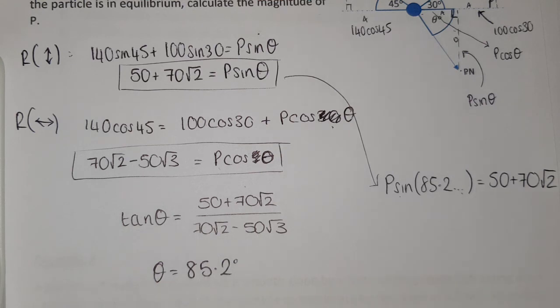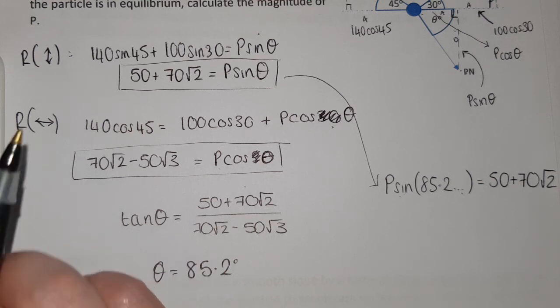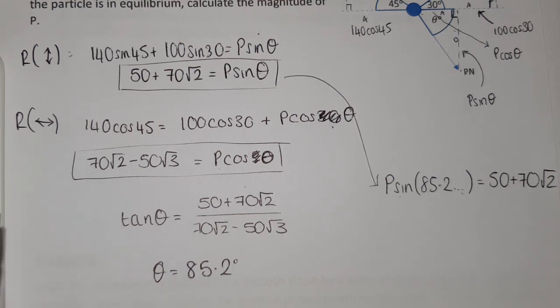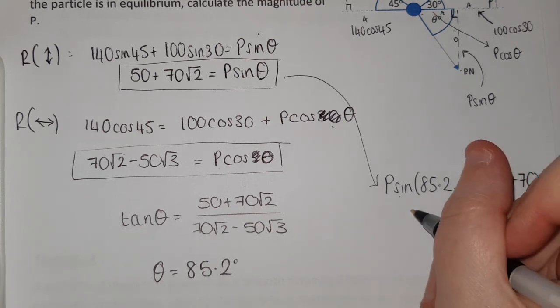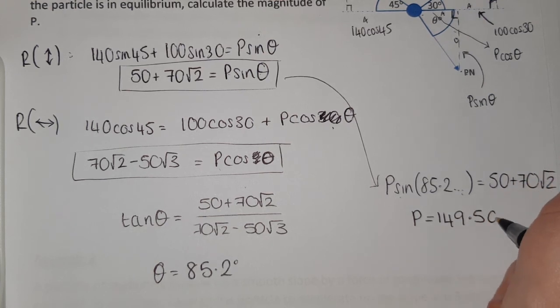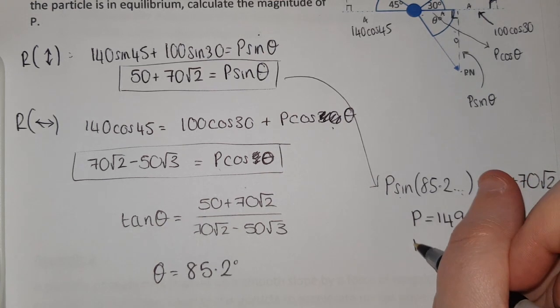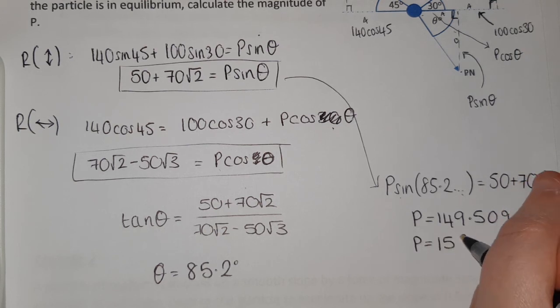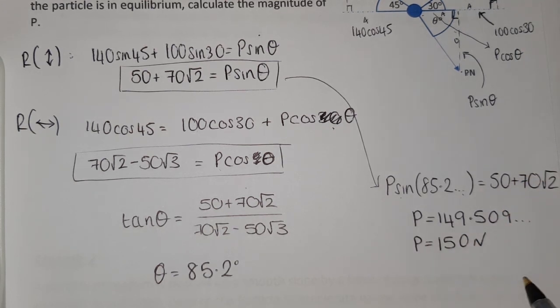So I get 50 plus 70 root 2, and I'm going to divide it by sine of the answer. I get P equals 149.509 and so on. So two significant figures, I get 150 newtons.